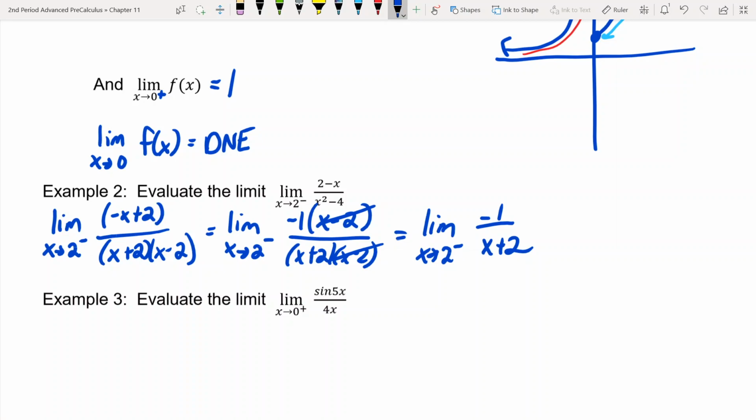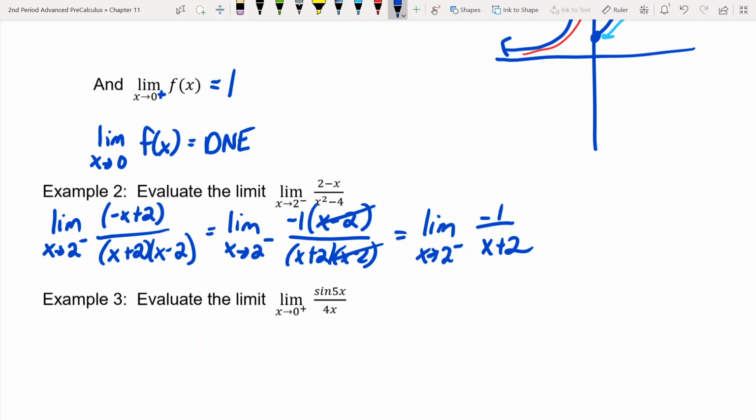Now, at this point, we can plug in a number that is very, very close to 2 on the left. So something that's really close to 2 on the left is 1.999999999999999. Lots of 9s, something that's really close to it. And if I were to plug in that 1.9999999999999 plus 2, I would have 3.99999999999.